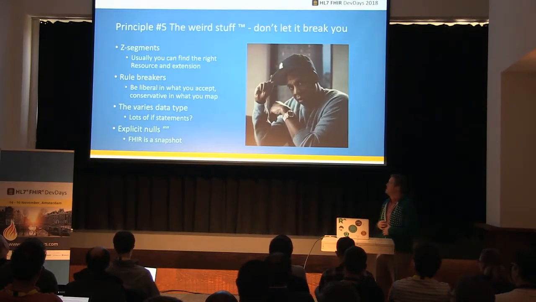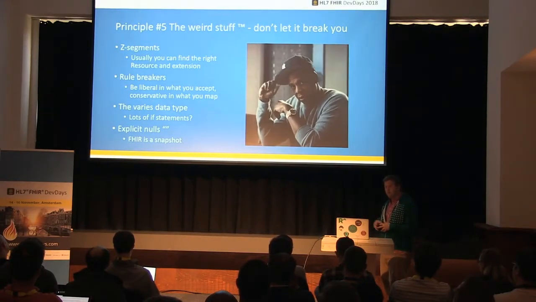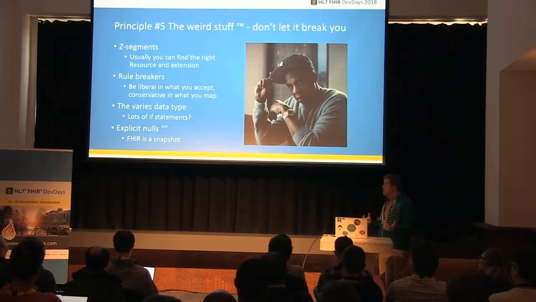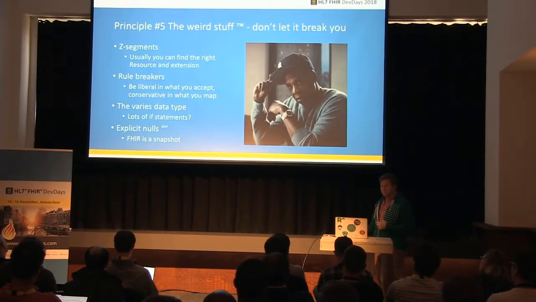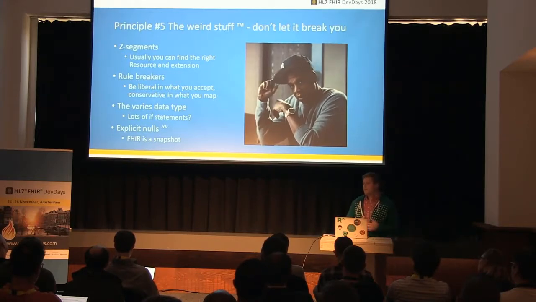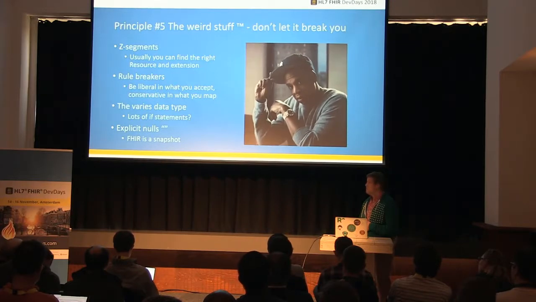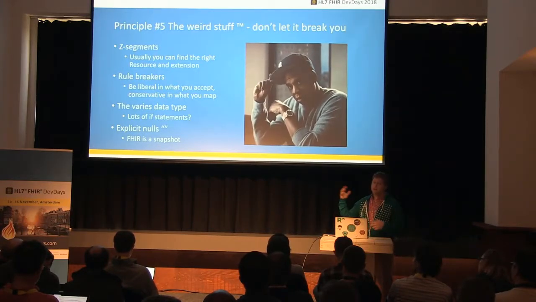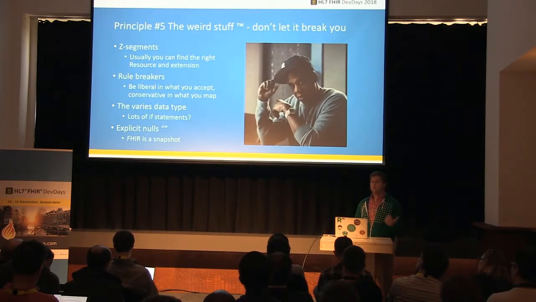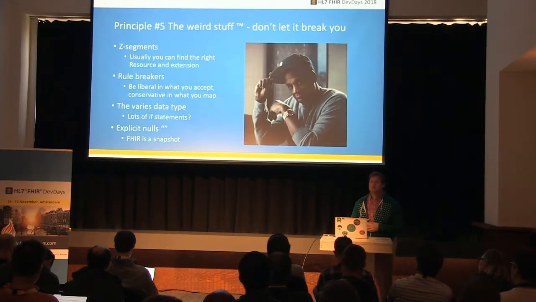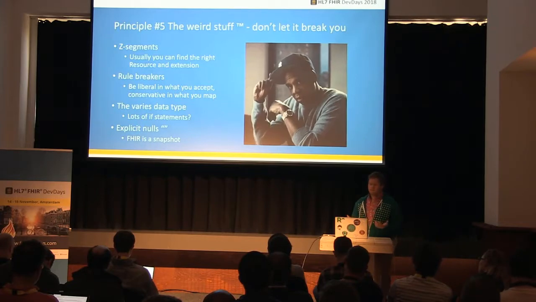That's a bit of a stretch, but they're custom, locally defined data elements. Usually you can find the right resource and extension to put those into, or create your own extension. But they're there and your parser needs to know how to deal with those. Usually they're there because they serve a purpose, so it's not something to ignore either.